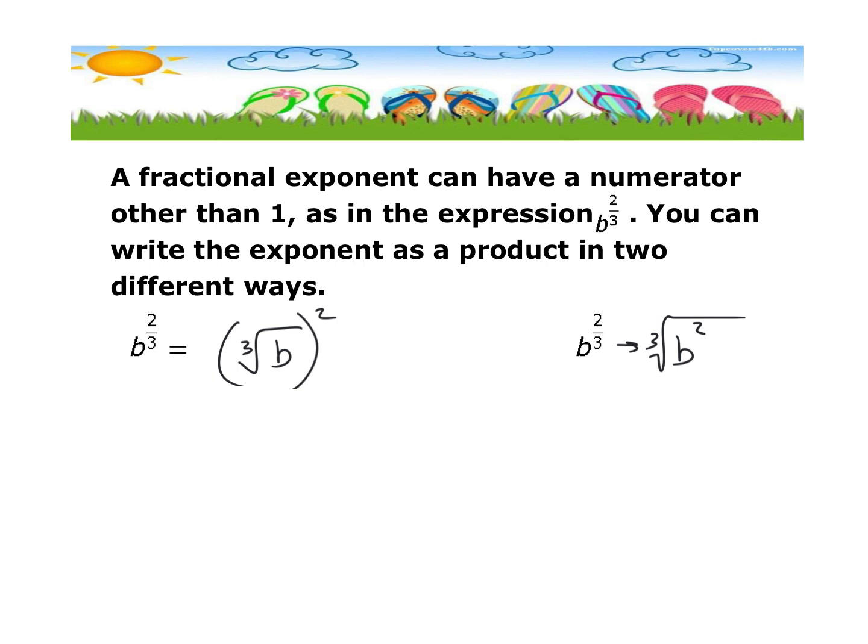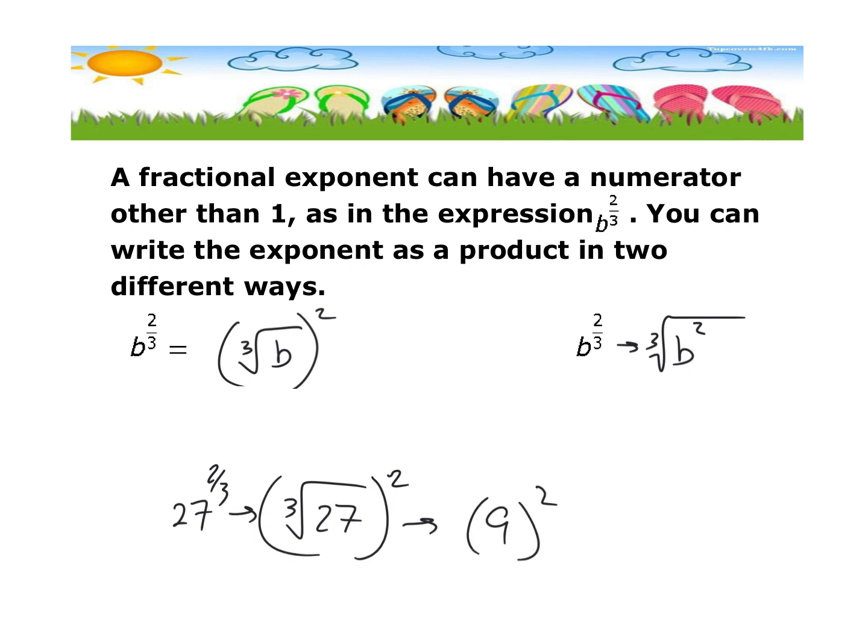It's just whether you square first or you square last, or whether you take the cube root first or you take the cube root last. It won't make a difference. Now, sometimes it'll be a lot easier to do one or the other. If we have, for example, 27 to the 2 over 3, I think it's a lot easier to take the cube root first and then square, because the cube root of 27 is 3, and squaring 3 is a lot easier.